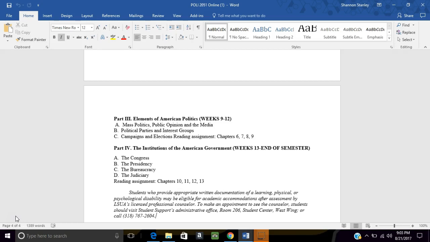But as we move into part 4, the last part of the class, we discuss the institutions of American government. In other words, the major players: Congress, the presidency, the bureaucracy, and the judiciary.